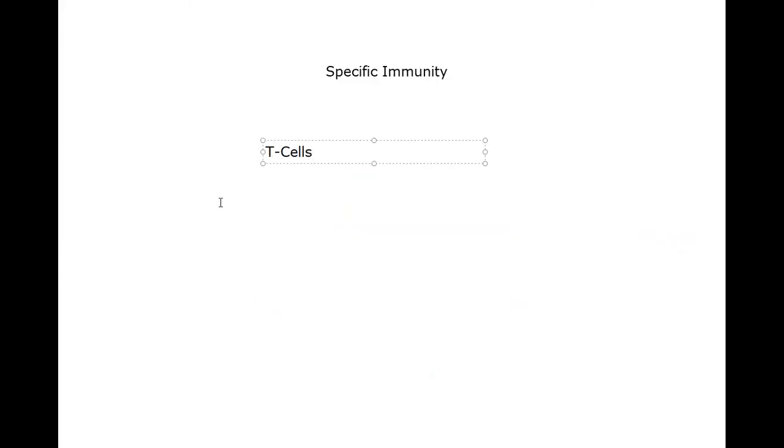We're going to talk about two different kinds of T cells. There's a whole bunch of different kinds of T cells. Cytotoxic or killer T cells and helper T cells. Helper T cells are your rallying cry cells.